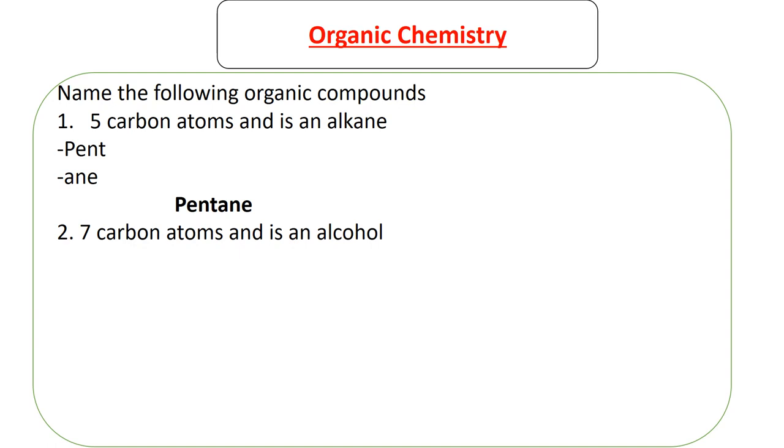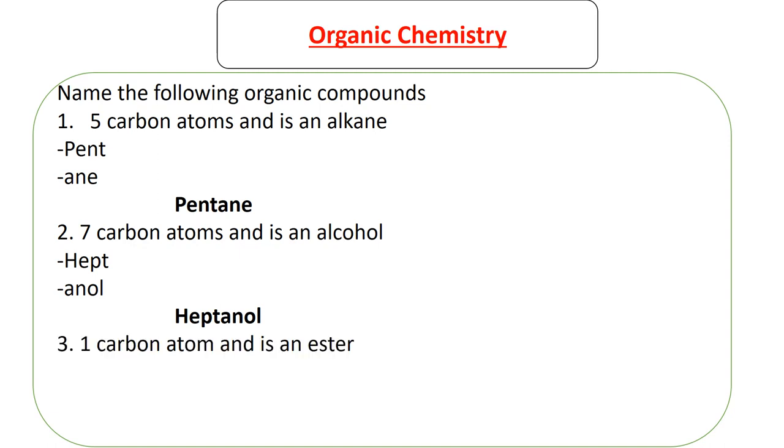The second is 7 carbon atoms and is an alcohol. So 7, the prefix is hept, and the fact that it is an alcohol means the suffix is anol, making this heptanol. Then another one is 1 carbon atom and is an ester.